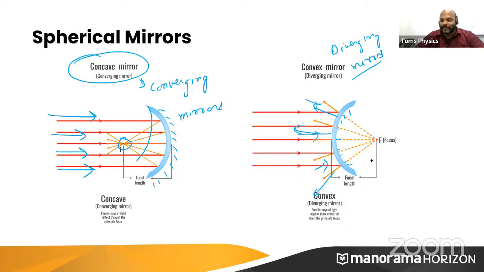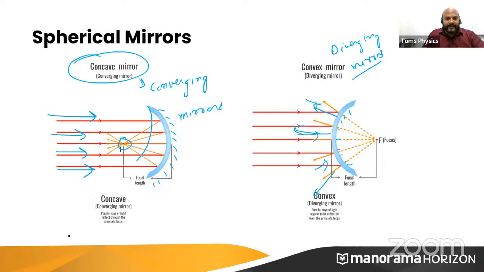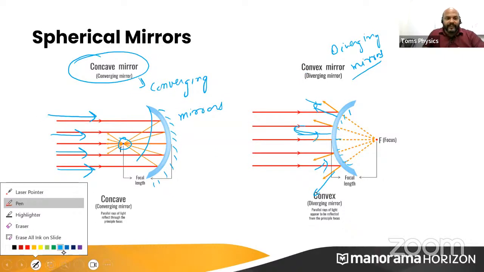That's good. Okay, correct, right? The rays after they hit the mirror are actually meeting again in the space in front of the mirror. They are meeting in real space. If they're meeting in real space, this is a real image. What is happening in the case of the convex mirror?